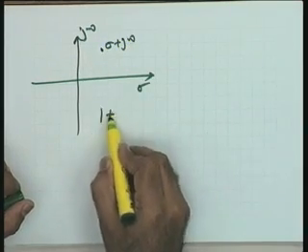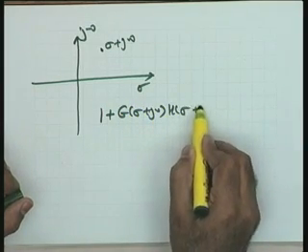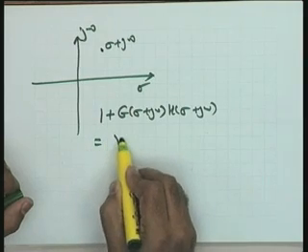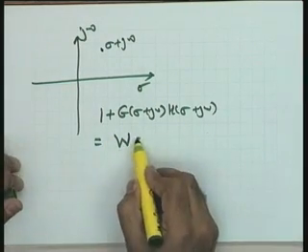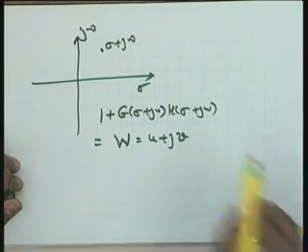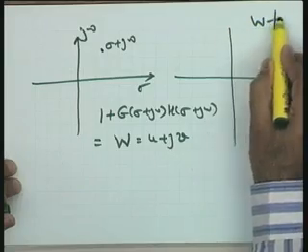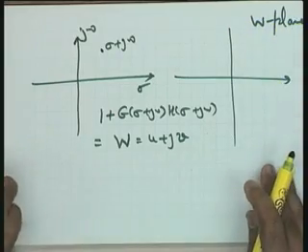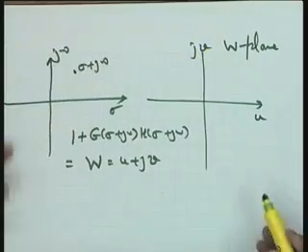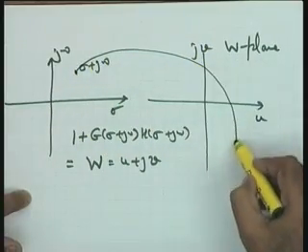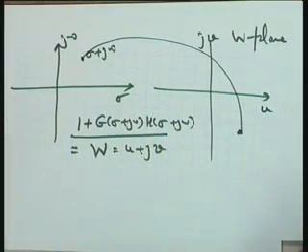If I substitute this in the expression G sigma plus j omega, H sigma plus j omega, I can say that this gives me a point w, which is again a complex variable, and let me call this point u plus jv. And therefore, if I take another complex plane, the w plane, whose real axis is u and imaginary axis is jv, can I say that this point maps into a point in the w plane under the function 1 plus GSHS.